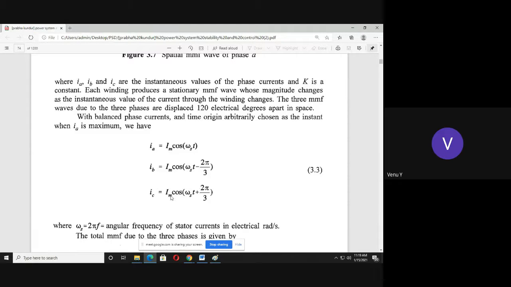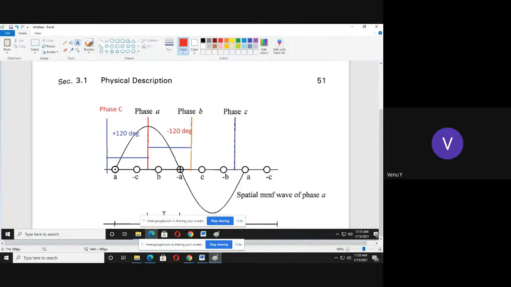But when I see in time, Im cos omega s t plus 120, 2 pi by 3, the same will reflect in the electrical currents. So the electrical currents also will get the same peaks. The first one will appear at omega s t, the second one, B, at minus 2 pi by 3, and the third one at plus 2 pi by 3.